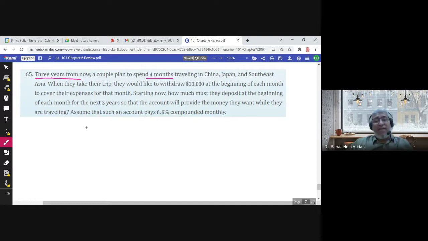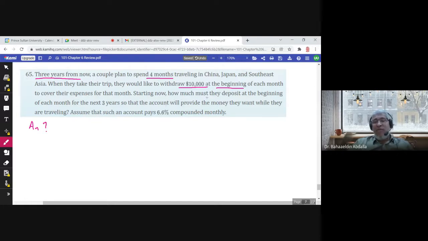When they take their trip, they would like to withdraw payments at the beginning of each month, an annuity due, to cover their expenses for that month. Good. So we need a present value of this annuity due.